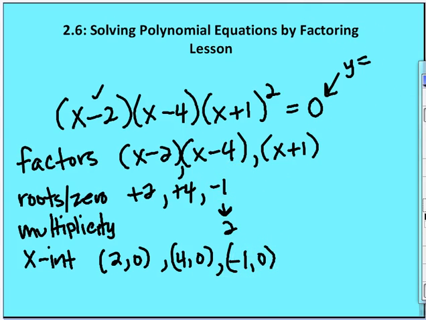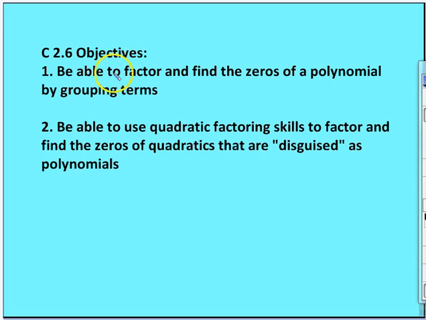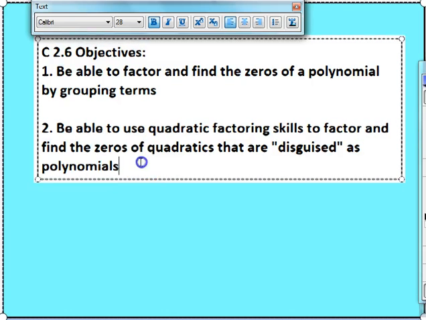All right, so let's move on and talk about the objectives. We want to be able to factor and find the zeros of polynomials by grouping terms. We want to use quadratic factoring skills to factor and find the zeros of quadratics that are disguised as polynomials.